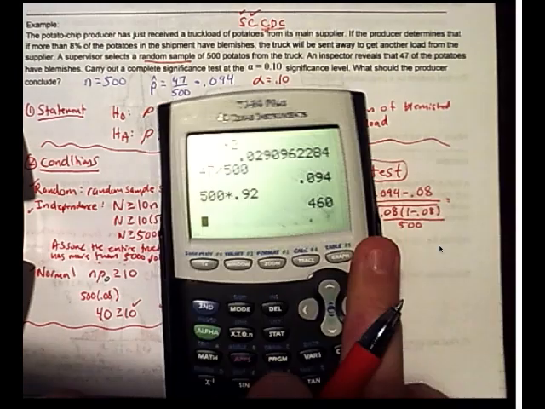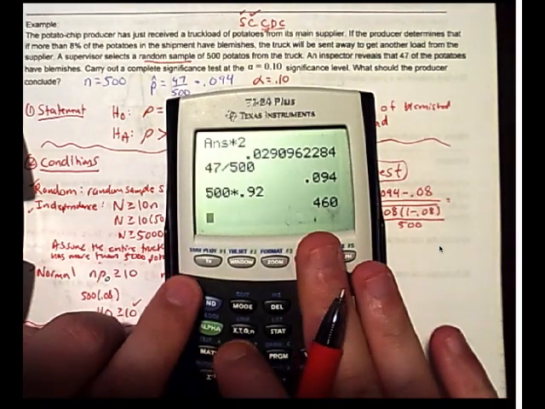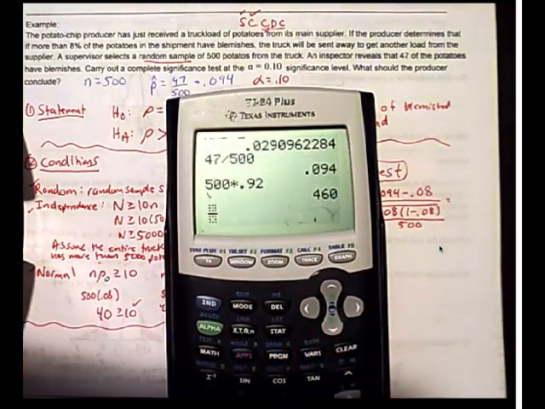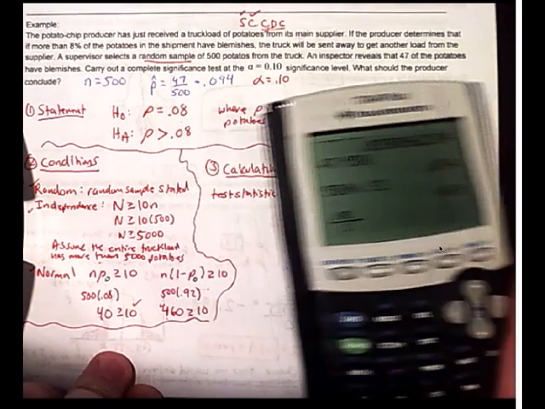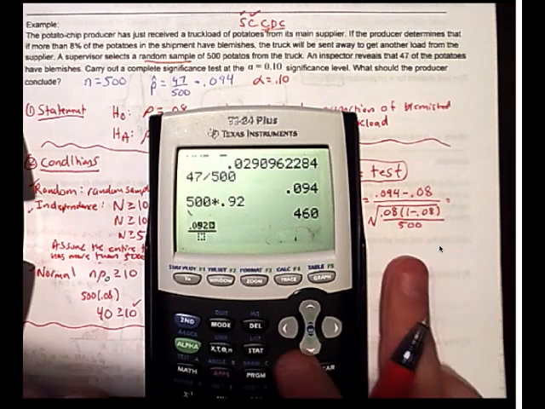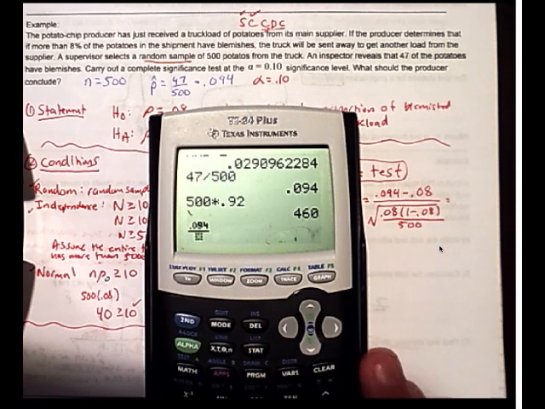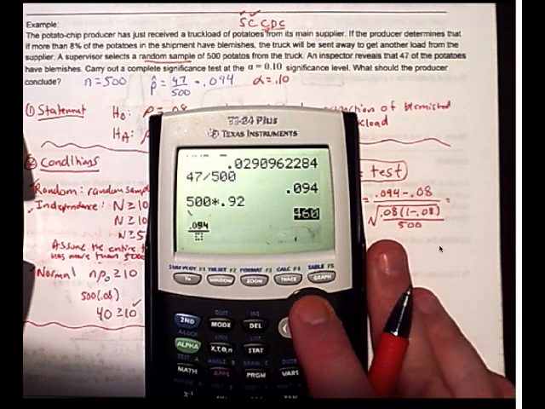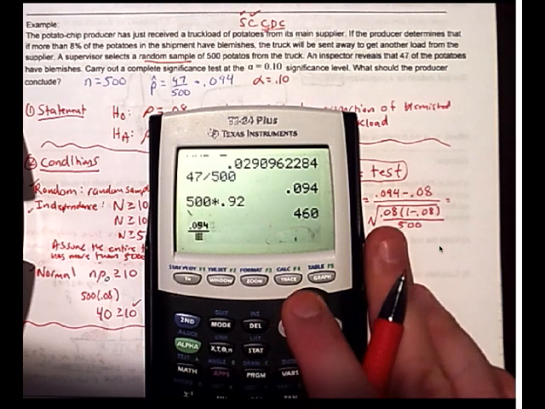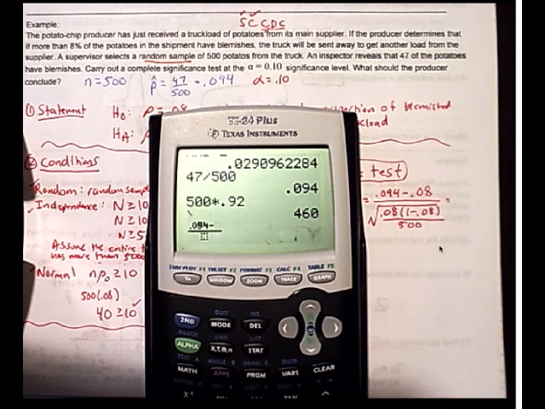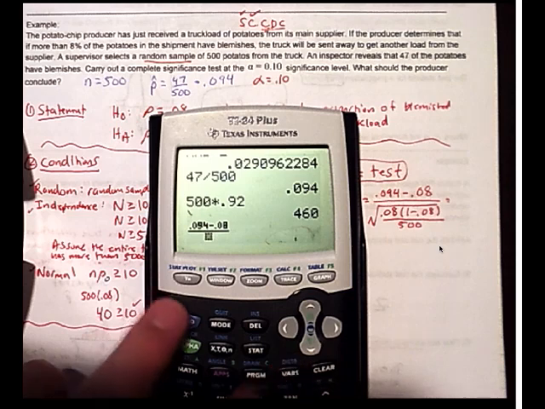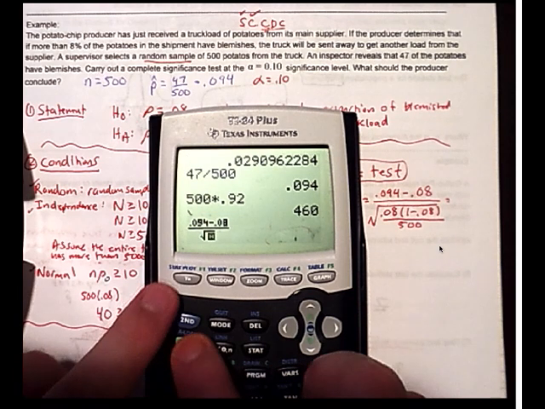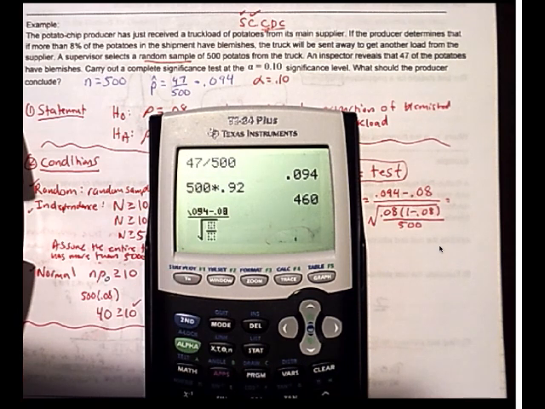So we can do this in one step. Fraction, 0.094, minus 0.08, square root, another fraction, 0.08 times 1 minus 0.08 over 500.